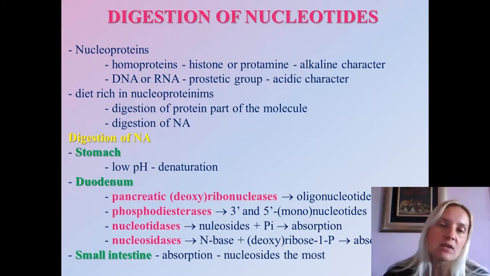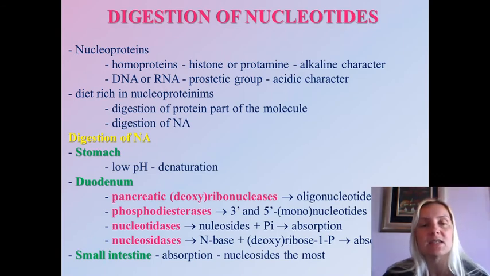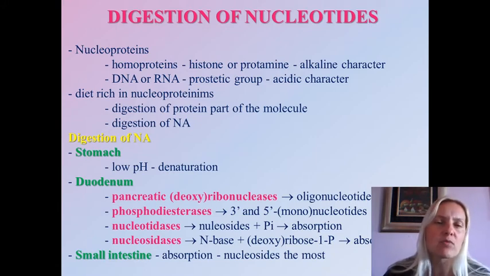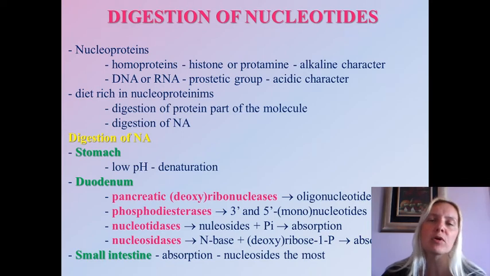The prosthetic group of those nucleoproteins are nucleic acids, DNA or RNA, deoxyribonucleic acids or ribonucleic acids, both of them with a slight acidic character. Our diet is rather rich in nucleoproteins, both of plant and animal origin.